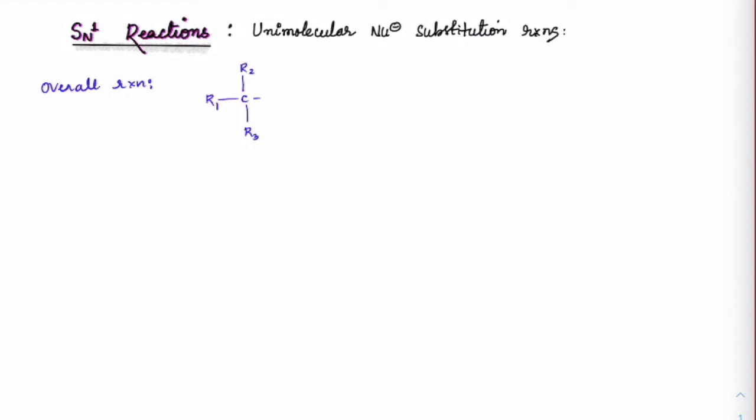Suppose there are 3 different alkyl groups connected to the carbon, which is connected to a leaving group, any halide here, and if this reacts with aqueous OH minus, it is found that Br minus will break and come out, and we will get R1, R2, R3 carbocation.